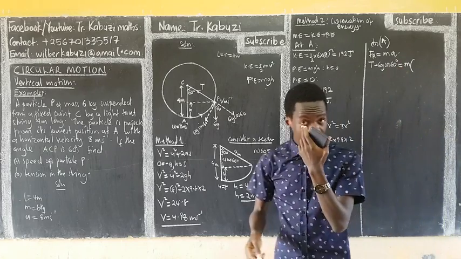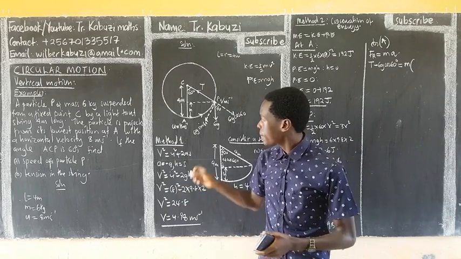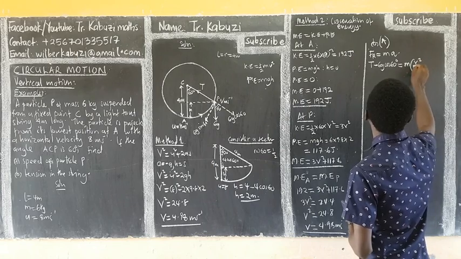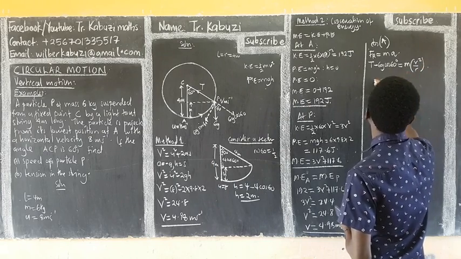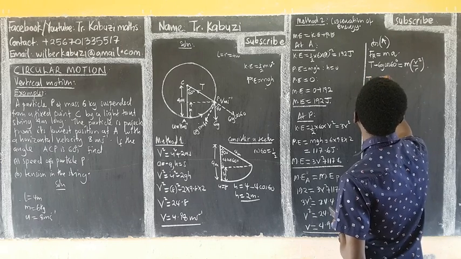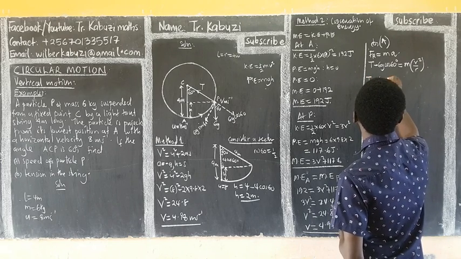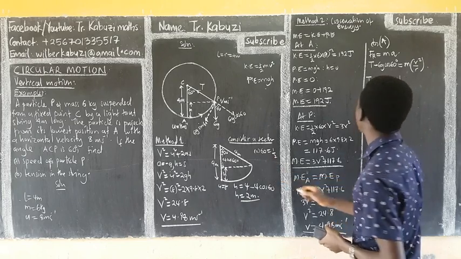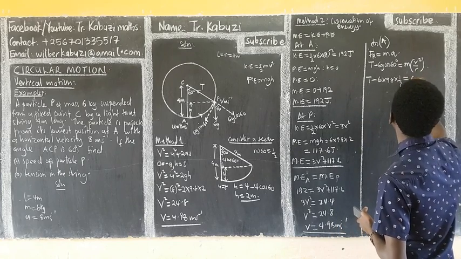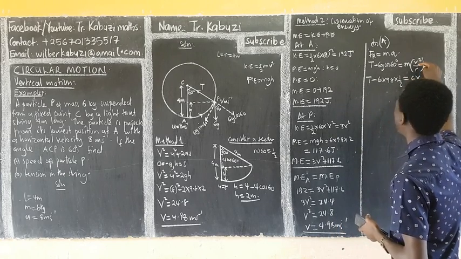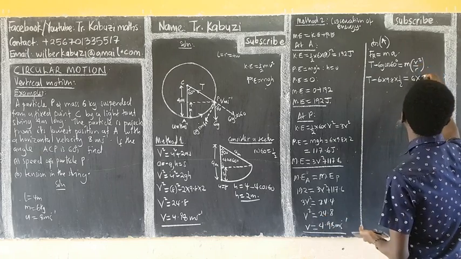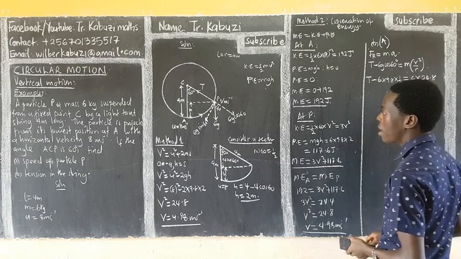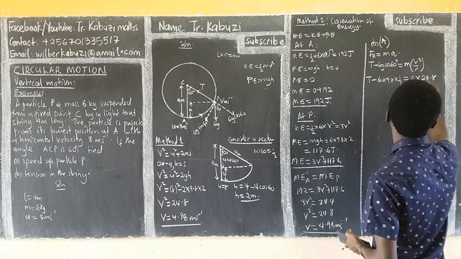Our acceleration always in circular motion is v squared over r. So this is going to be T minus 6 times 9.8 times a half, cos 60, is equal to 6 times v squared over r. Our v squared, I think we see, is 24.8, the whole over our r, which is 4.